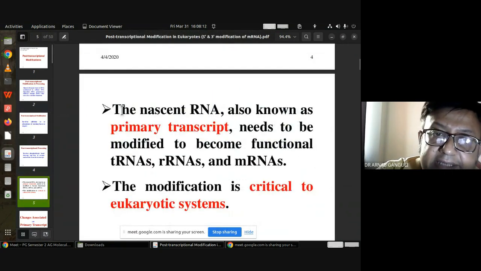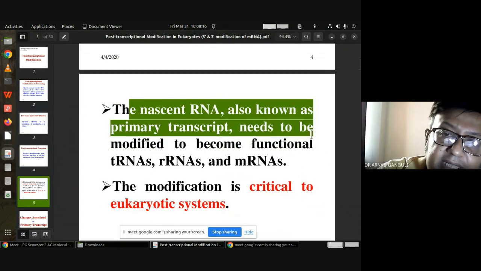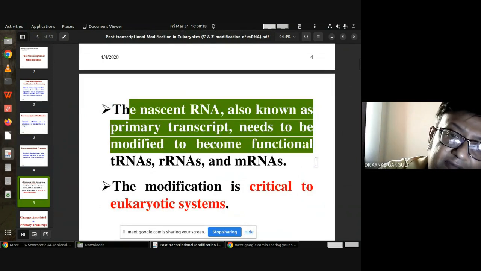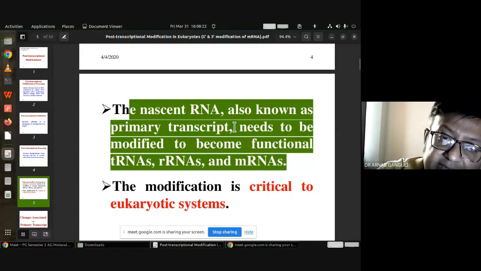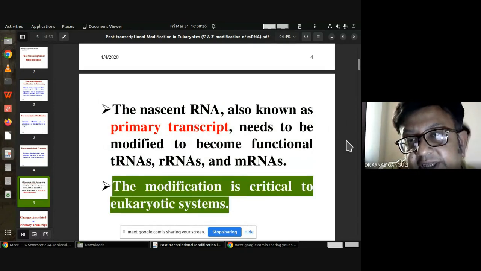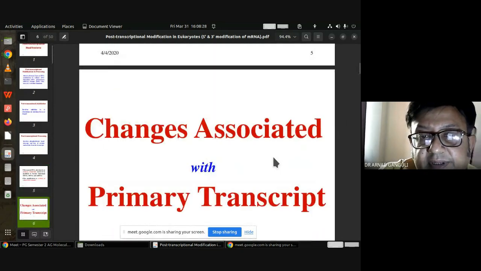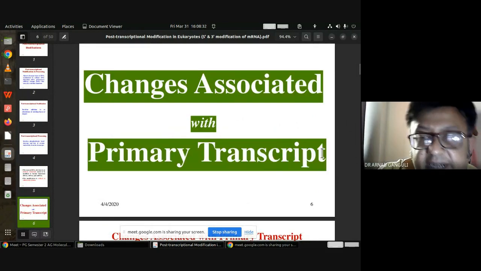So the nascent RNA, also known as primary transcript, needs to be modified to become functional tRNAs, rRNAs, and messenger RNAs. And this type of modification is critical to the eukaryotic system. So what are the changes associated with the primary transcript?